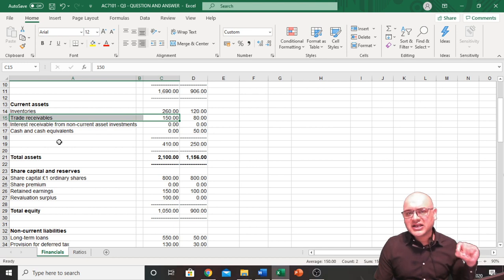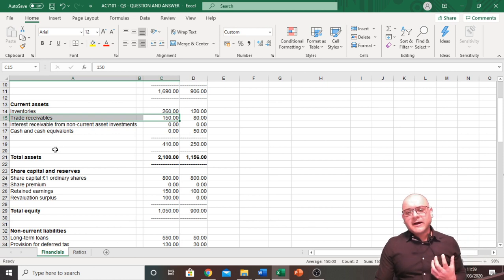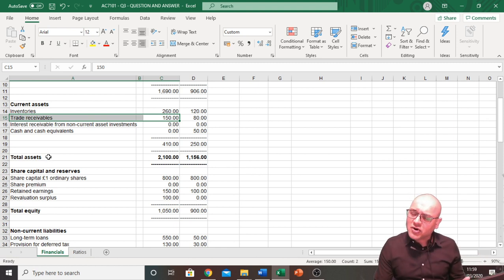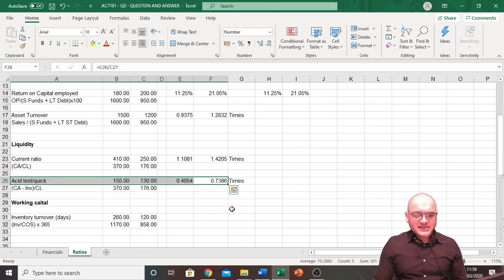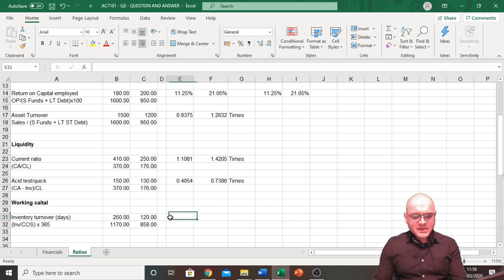They are on credit terms, and because they are aggressively expanding, not all of the receivables may pay on time. Therefore some of them may be bad debts, and they may not have enough cash to pay the bills when the bills fall due. Okay, so that's liquidity. That doesn't show a good picture of the company.